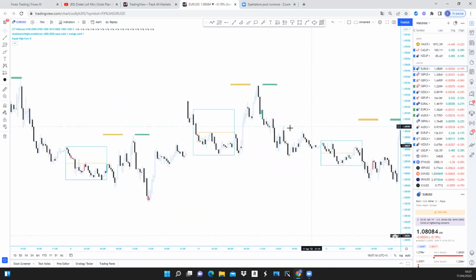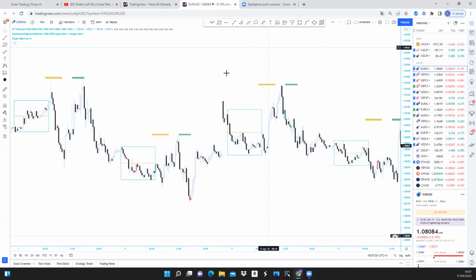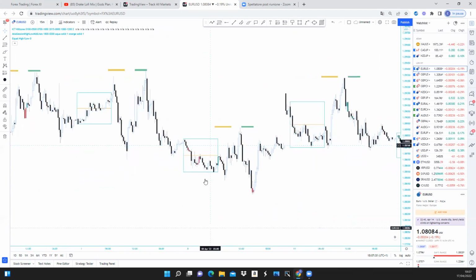Now, I've been trading a lot on EURUSD, GBPUSD, gold, GBPJPY, and NZDCAD, and except for GBPJPY, all the remaining work very well with the Asian range, as you know.